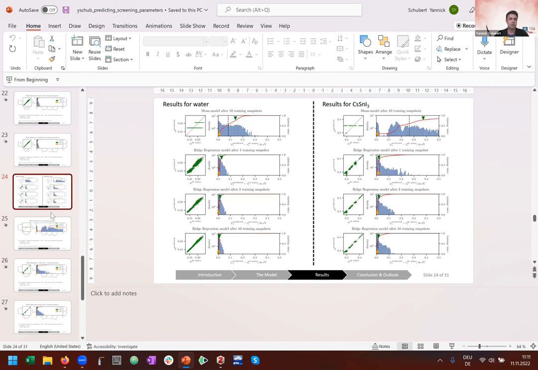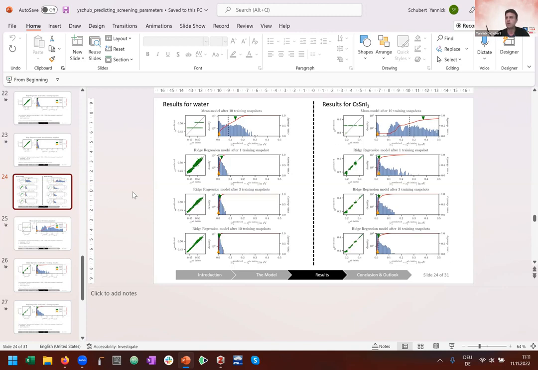What I can say here is that, as for Martin's talk yesterday, it is important that you don't change certain quantities like the pseudopotential or the dielectric constants, since this is not reflected by anything in the input vectors, and therefore the machine learning model would not be able to predict the screening parameters accurately if you don't include them in the training data.